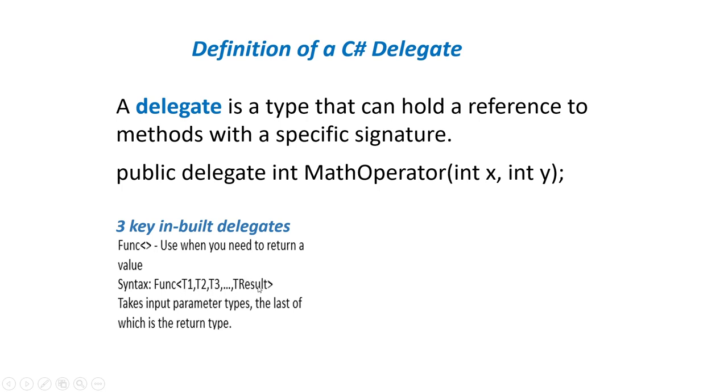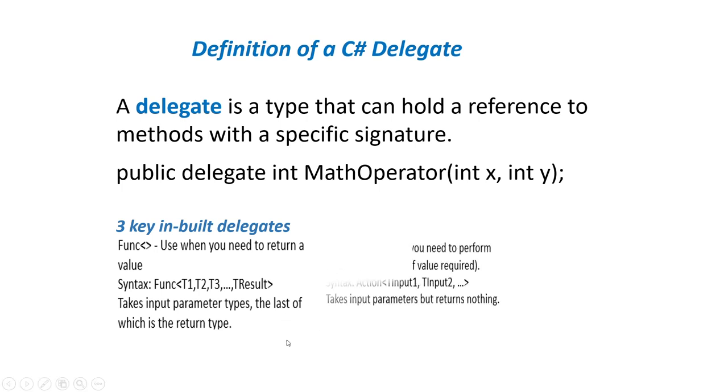It can take up to, I think, 16 parameters, but if it exhausts the 16 parameters, then the first 15 will be input parameters, and the 16th parameter will be the result parameter. If you are just using 3 parameters, for instance, the first 2 will be input parameters and the third one will be the result. However many parameters you're using, what is important to note is that the last parameter specified is the result parameter, and the others are the input parameters. So it's important to note that.